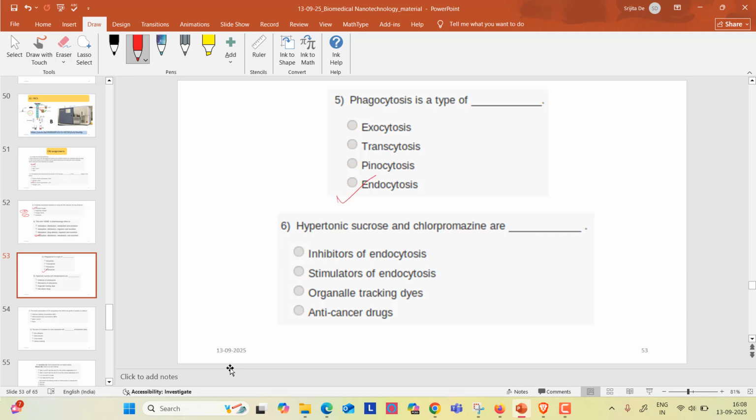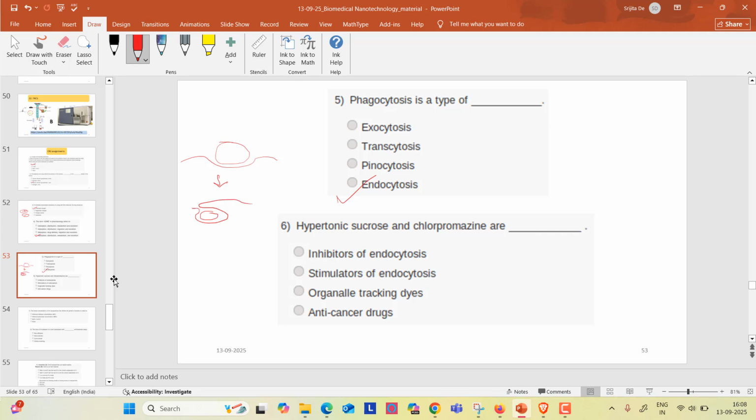So we'll discuss phagocytosis later, but right now, phagocytosis is like a cell gobbling up a particle. Suppose this is a particle and this is a cell membrane. The cell eats that particle like this.